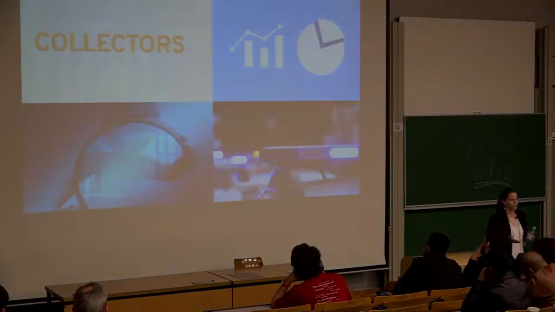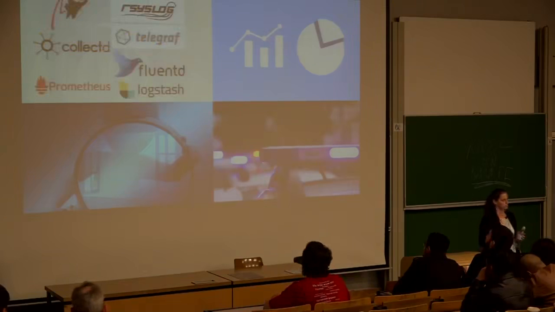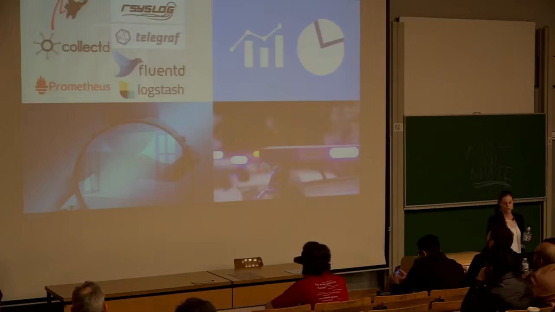In open source, we have several components that relate to monitoring. First are the collectors that collect metrics and logs from the environment. For metrics, we have CollectD and Prometheus. For logs, we have RSyslog, FluentD, Telegraf, and Logstash.